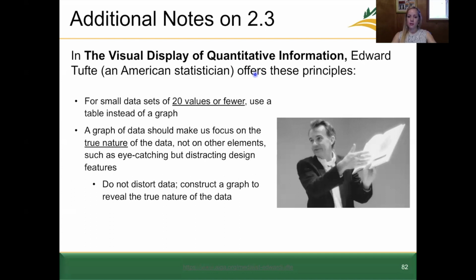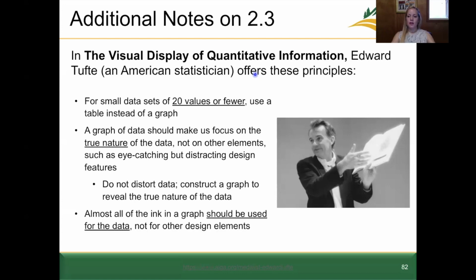Similarly, do not distort the data intentionally. Construct a graph to reveal the true nature of the data. Overall, be as non-biased of a statistician as you can be. One additional principle, almost all of the ink in a graph should be used for the data and not on other design elements. So really keep the graphs clean and clear for your audience to interpret.